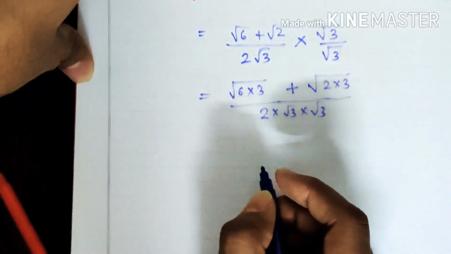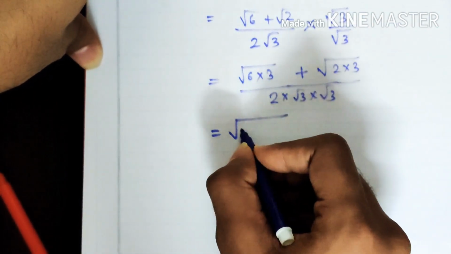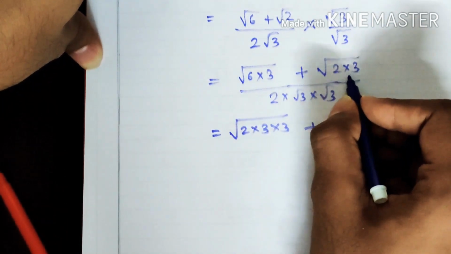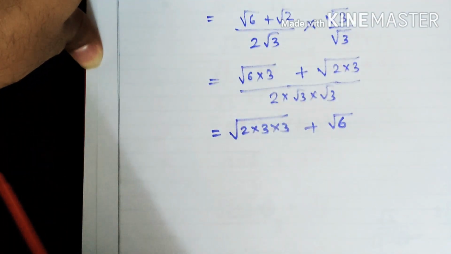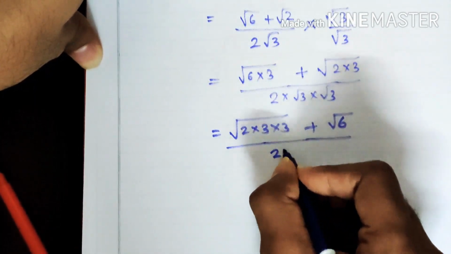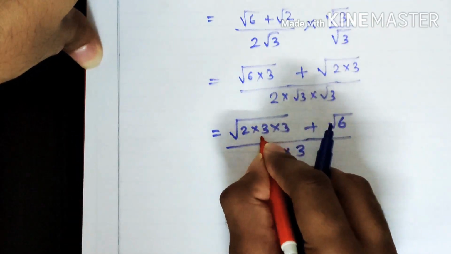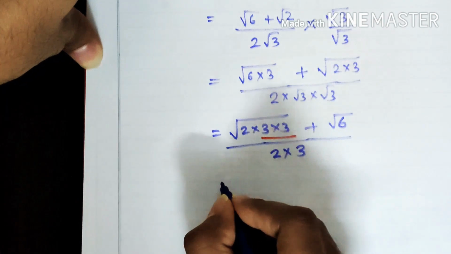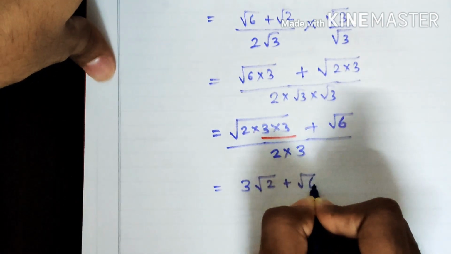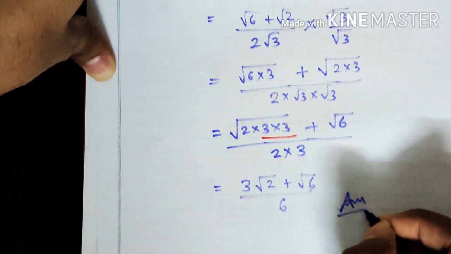Now we can split this into 2 multiply 3, plus root 6 directly, since both are prime numbers. In the denominator, 2 multiplied by root 3 and root 3 will make 3. Here one pair is formed, so it will come out: 3 root 2 plus root 6 divided by 6. This is our final answer.